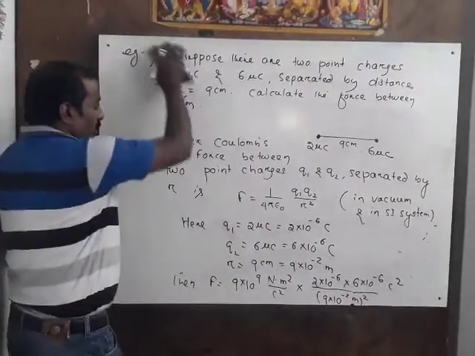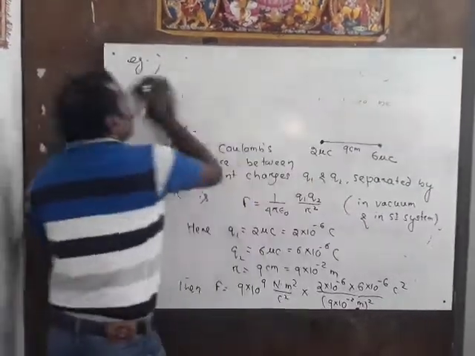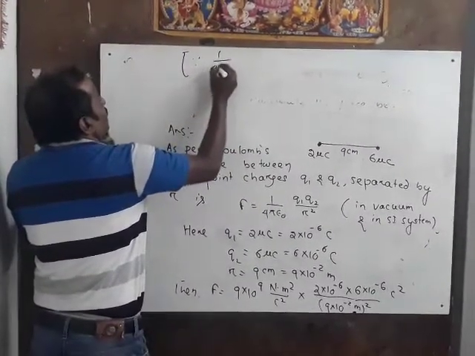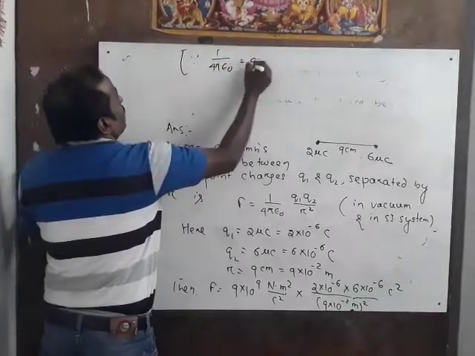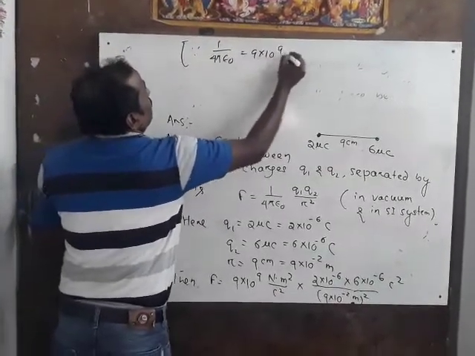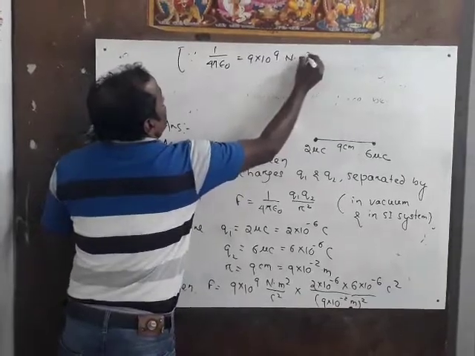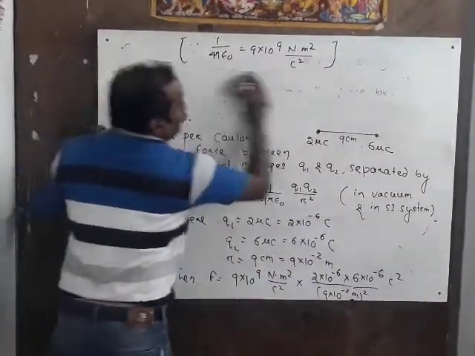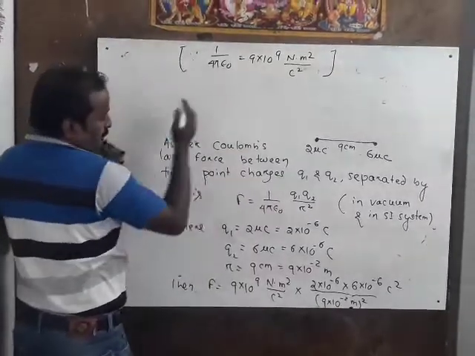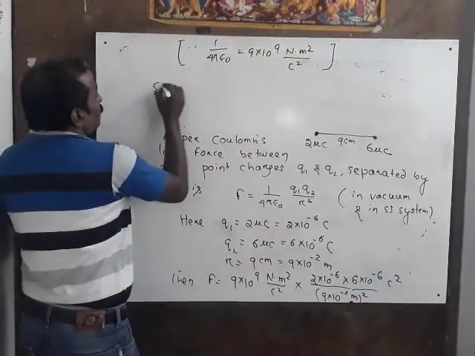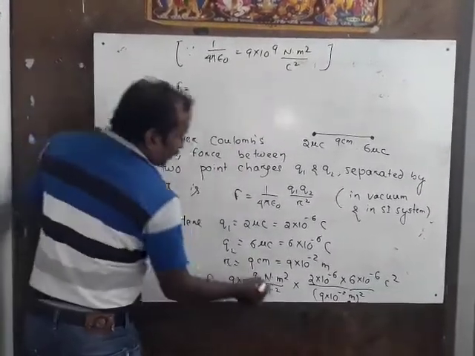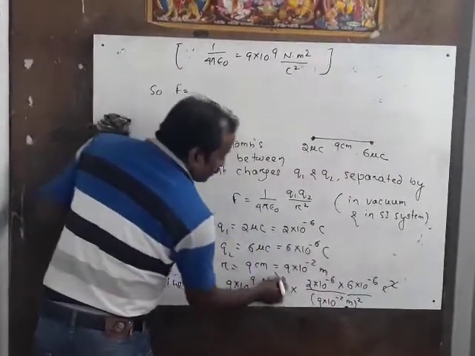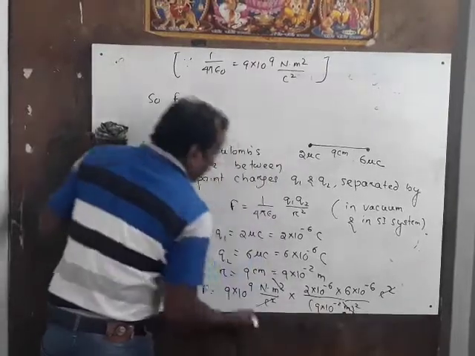Obviously, you know 1 by 4 pi epsilon 0 equal to, I can write like this, 9 into 10 to the 9 Newton meter square by Coulomb square. So if you put the values and calculate, F equal to, Coulomb square cancelled, and then meter square we can calculate meter square. Okay.